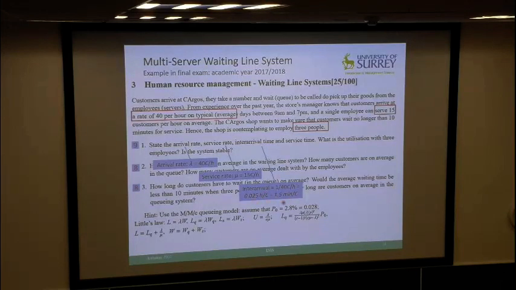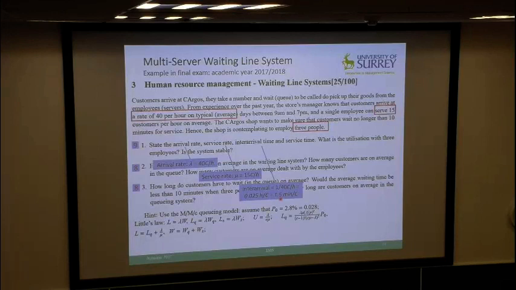Hours may not be easy to understand, so it's okay to convert, but you don't have to. You can answer either 0.025 or 1.5 minutes per customer. But the units are important. You cannot just write 1.5, because we wouldn't know whether it's minutes per customer or hours or whatever.